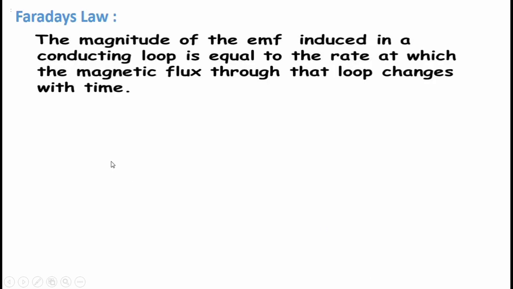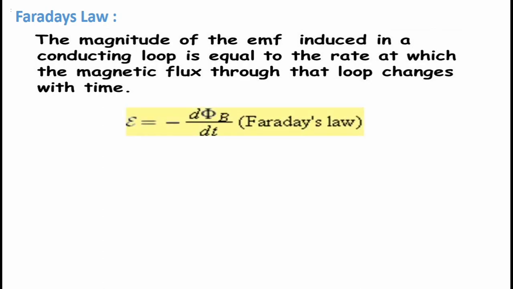Then Faraday's laws. It states that the magnitude of the EMF induced in a conducting loop is equal to the rate at which the magnetic flux through that loop changes with time, and it is given by the equation E is equal to minus d phi B divided by dt. This is Faraday's law.